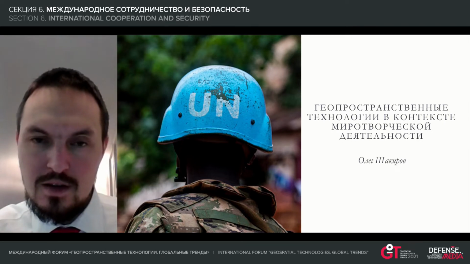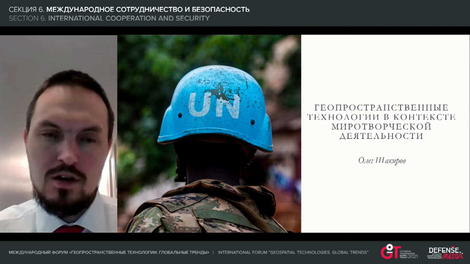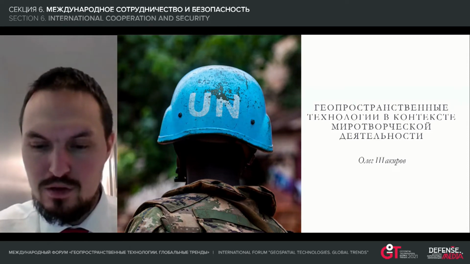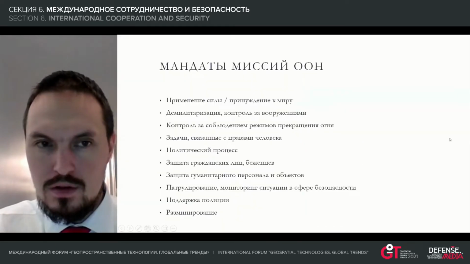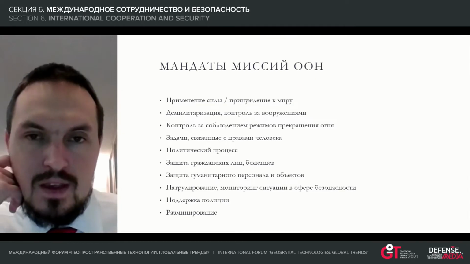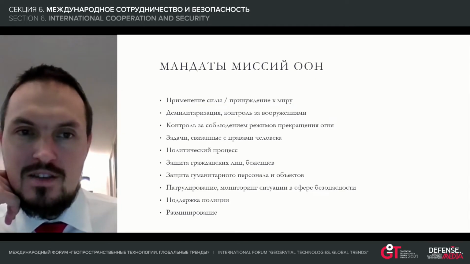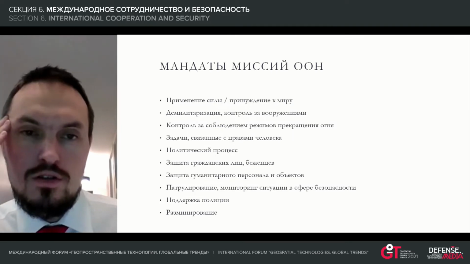For example, Russian operations in Syria, in Karabakh, that are conducted without the United Nations mandate, but are also considered peacemaking operations. Before we talk about using the geospatial technologies, I would like to briefly mention the mandates.